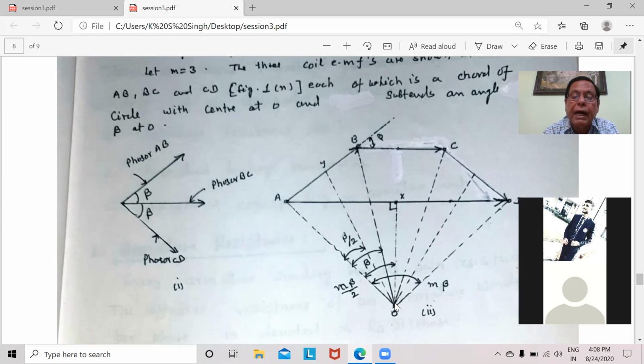If you draw a vertical line from O, connecting AO and all the chords AD, AC, AB, the vertical line drawn from O on AD cuts it at X, bisecting AD. On AB, it intersects at Y.